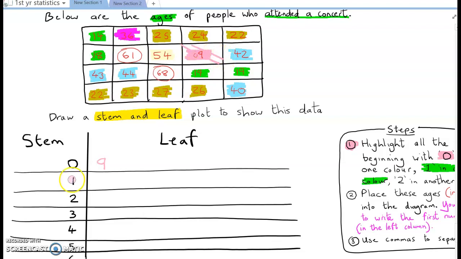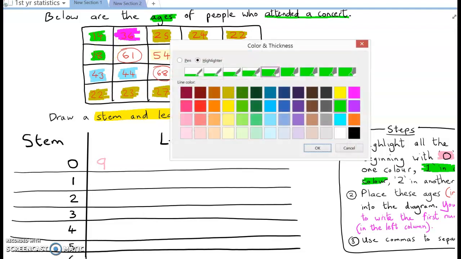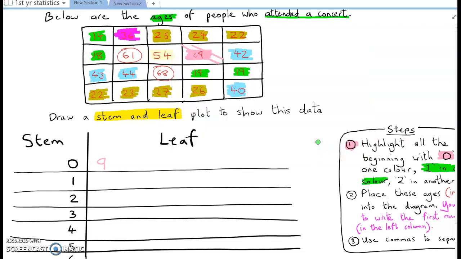Now I'm going to do the numbers that begin with 1. Where are those numbers? They're the ones I highlighted green. See them there? There's 4 of them. All 4 of them have to go in to the diagram. So, where do I start? Well, what's the smallest of them? 14, 18, or 19?